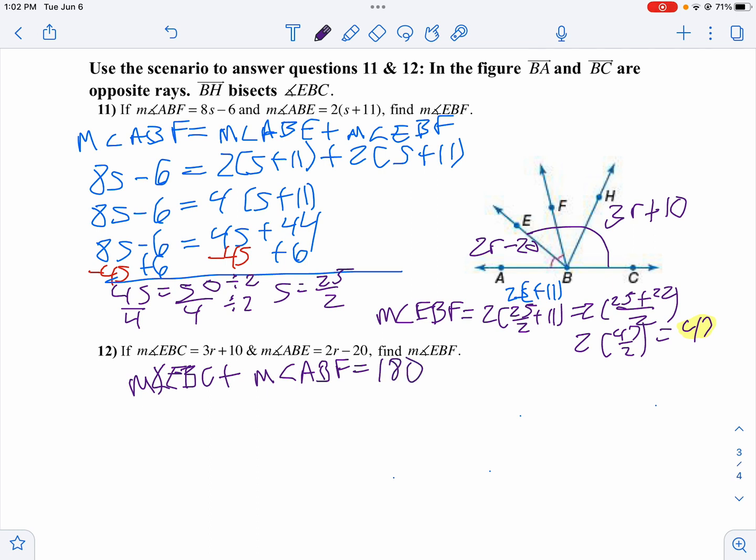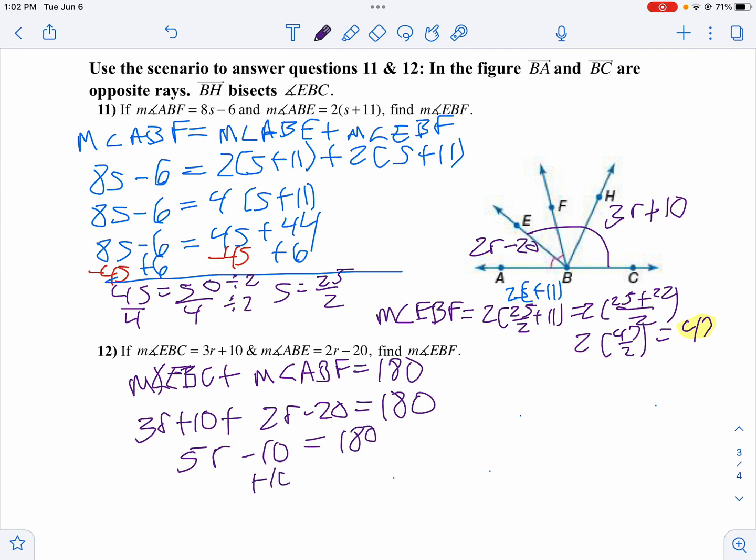So in other words, I'm going to say 3R plus 10 plus 2R minus 20 equals 180. Simplify that. 3R plus 2R is 5R. 10 minus 20 is minus 10 equals 180.